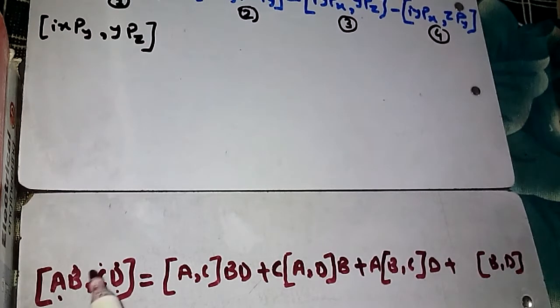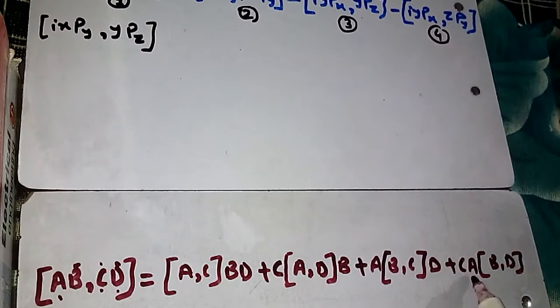B, D. Now A and C will come out, and since A is to the left of B, and C is also to the left of D, both of them come to the left, but first C will come and then A, C and A. So here you can see that when both come out to the right, first B comes and then D comes, and when both come to the left, first C comes and then A comes.